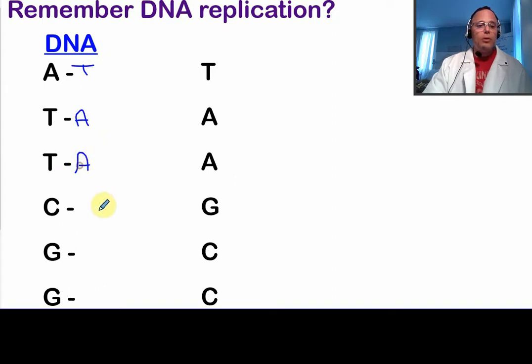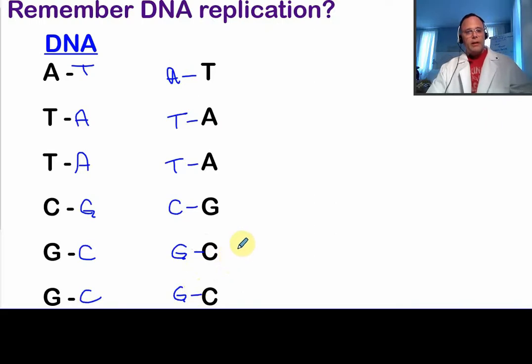And it would look like this. And on this side, an A would match up with a T, T with an A, T with an A, C with a G, G with a C, G with a C. And we recognize that they made an identical copy of the original strand.